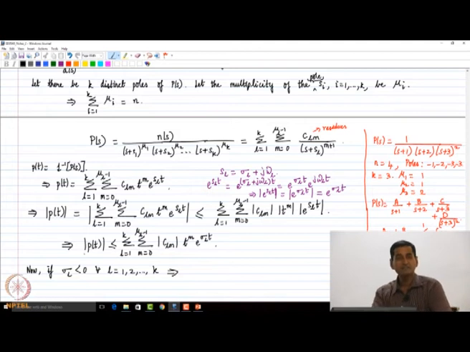Because please note that the left hand side is less than or equal to the right hand side. In the limit t tending to infinity, if the right hand side goes to 0, obviously the left hand side has to go to 0, because the left hand side cannot take negative values. Magnitude of P of t is non-negative. So the only choice is that the magnitude of P of t should go to 0. So this implies that limit t tending to infinity, the magnitude of P of t goes to 0.